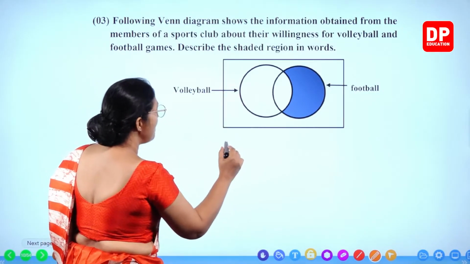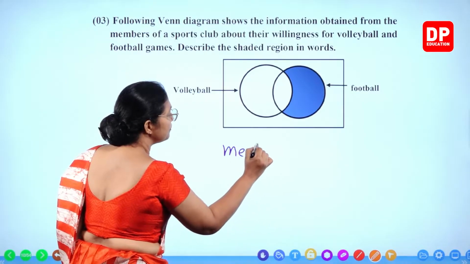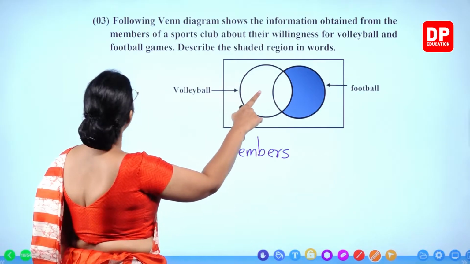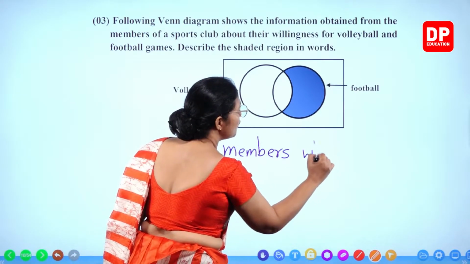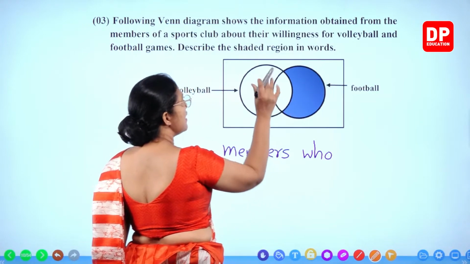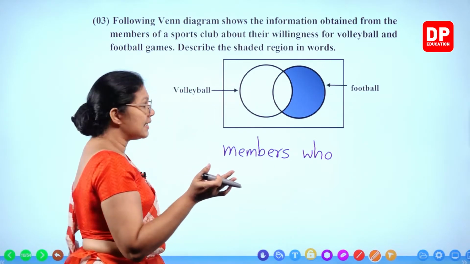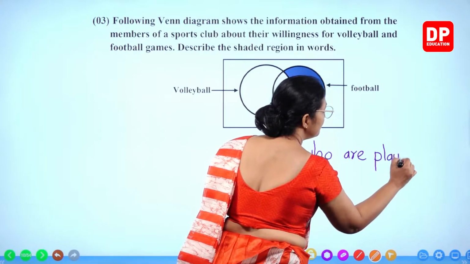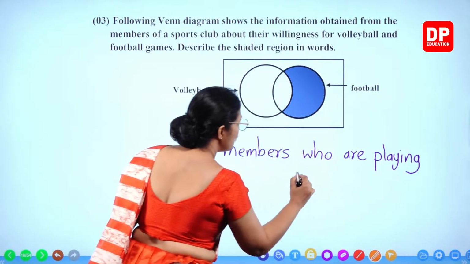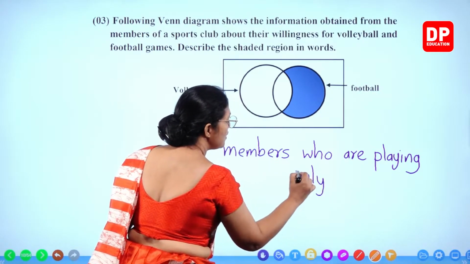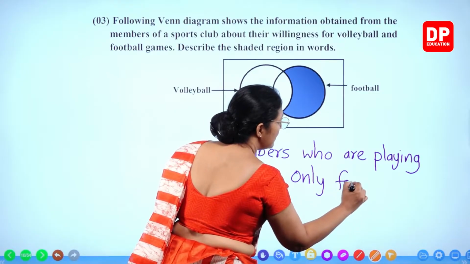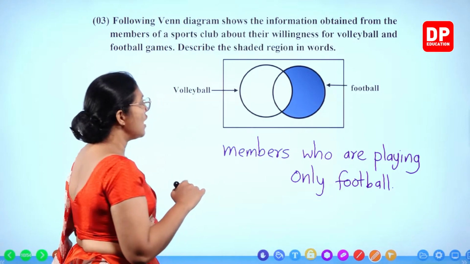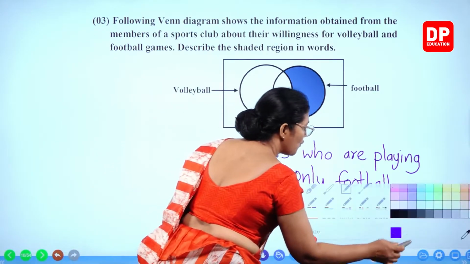You can write: members who are playing only football, because this is outside the volleyball circle. So you have to use this word, only football. That's the shaded part. So you get 2 marks for that.